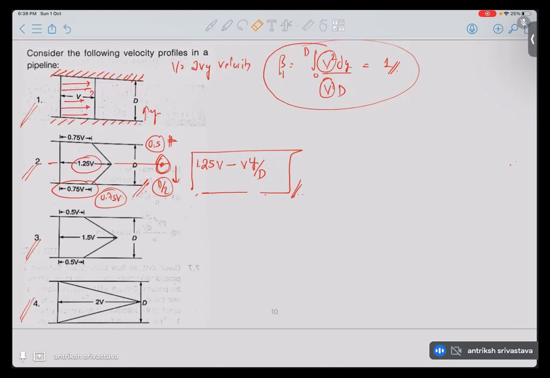By the time I am checking this, can you please try to get the expression for the velocity profile for these two? Simply use this and try to get it. You can raise your hand if you have any doubt, and we can work it out together.